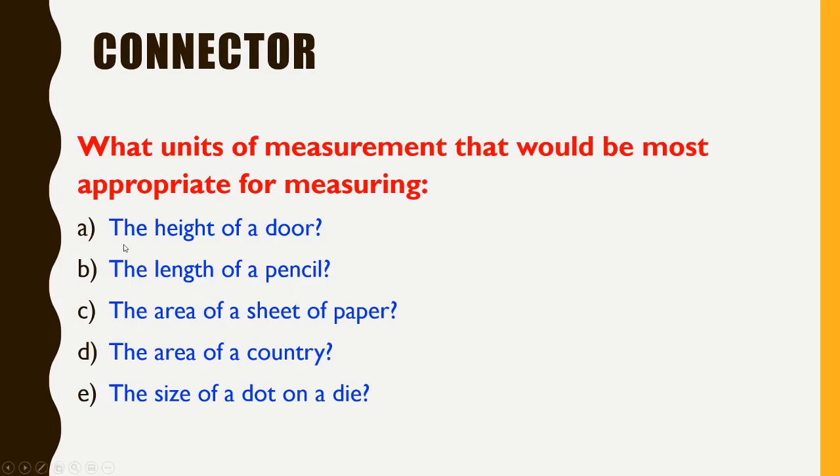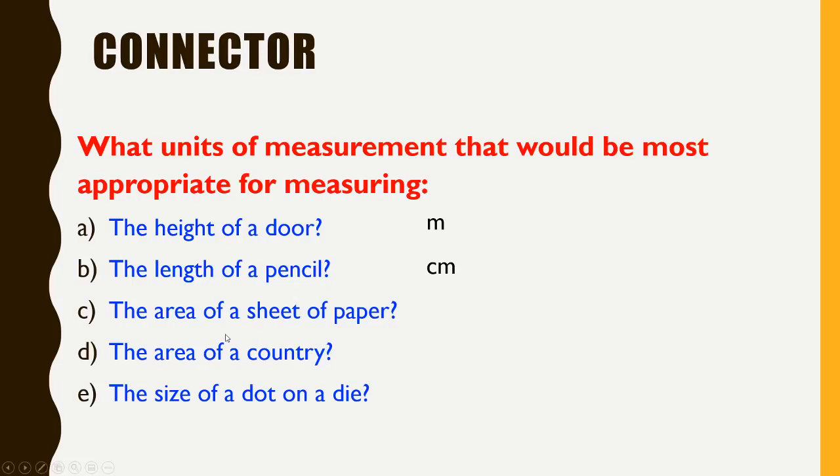So for the height of a door, most doors would be looking at about meters. Usually it might be 2 meters, maybe 2.5, depending on the size of the wall. Sometimes you might have some bigger ones, especially if they're for vehicles, but always in meters. Length of a pencil, usually centimeters.